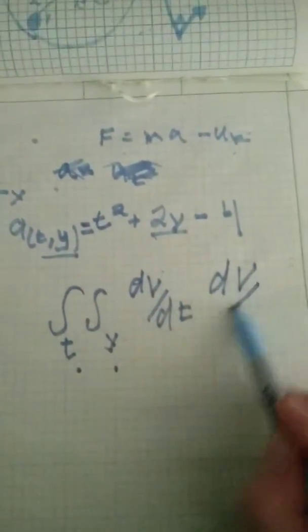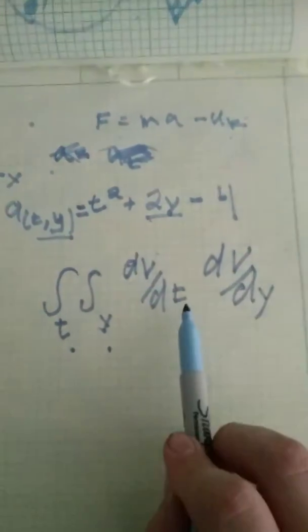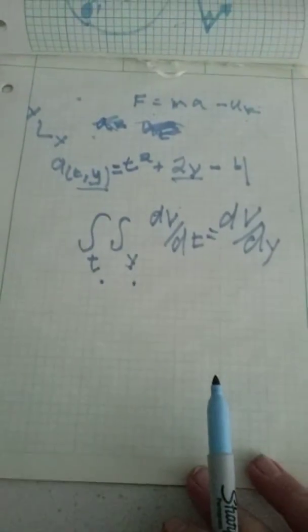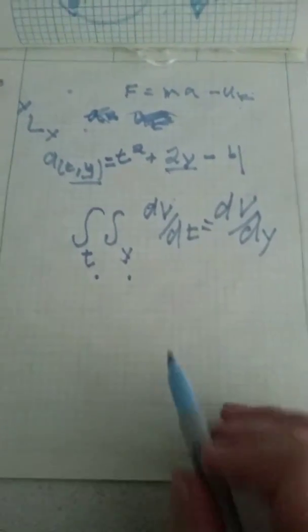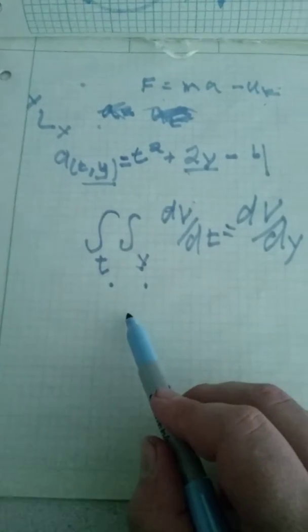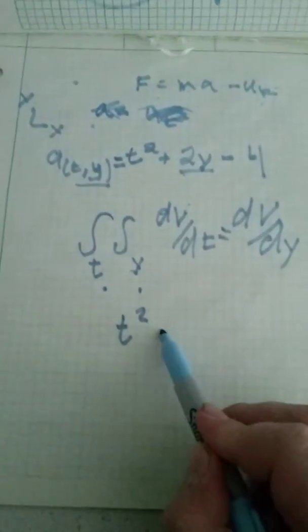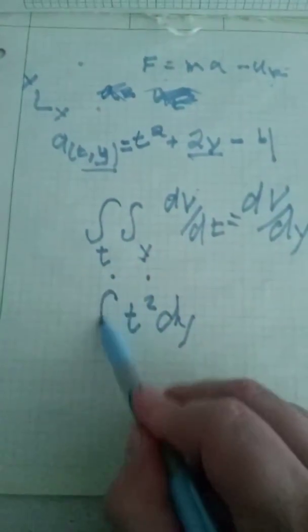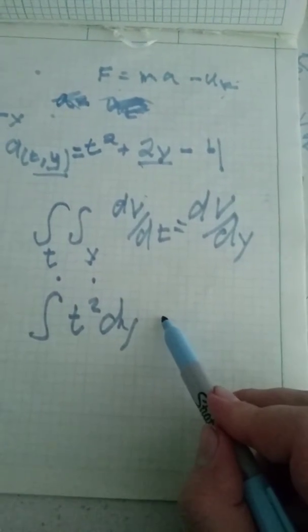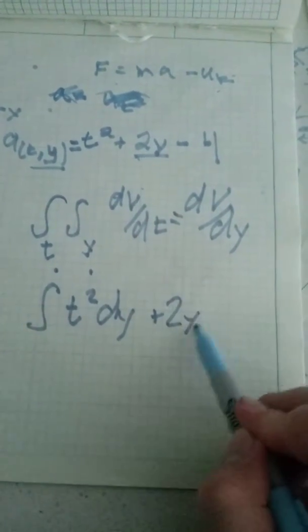You also have change in velocity with respect to elevation. Okay, so you have now an equation that has multiple variables. So you have to integrate with respect to both. Right. So you have t squared dy plus 2y dy.